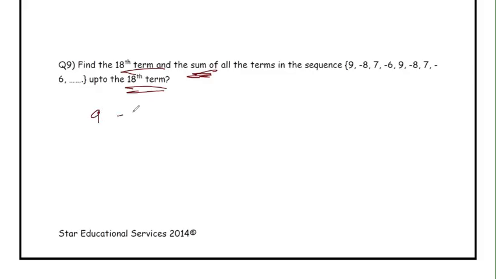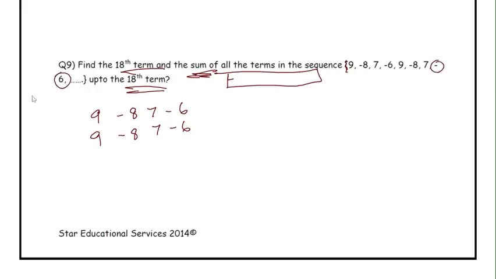So the sequence is 9, minus 8, 7, minus 6, and then it repeats again: 9, minus 8, 7, minus 6. Right, that minus 6 out there. So up to the 18th term. Maybe I need to get this bracketed portion in the second line out here, so that that minus 6 doesn't confuse, but it is minus 6.